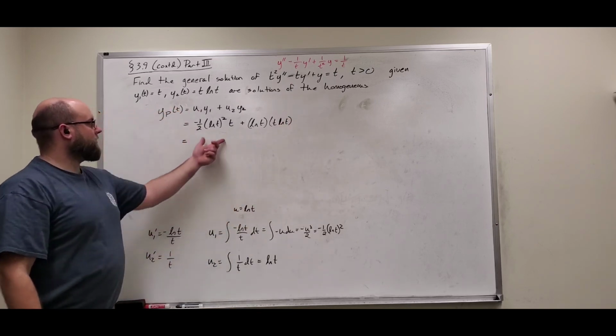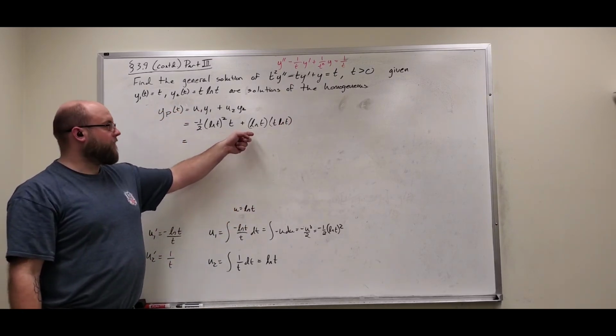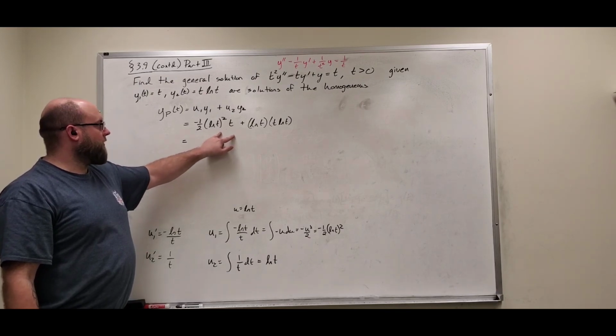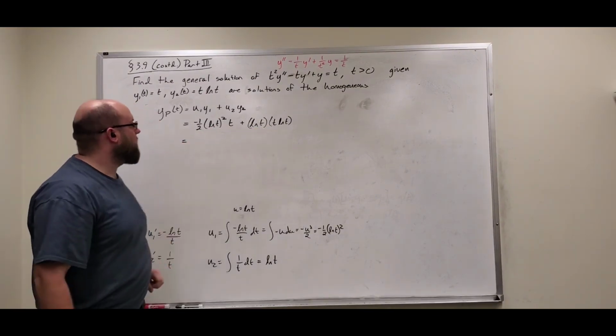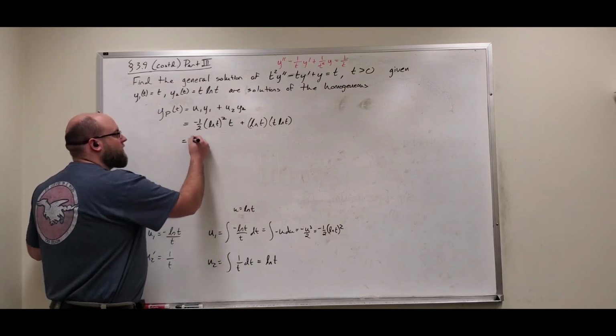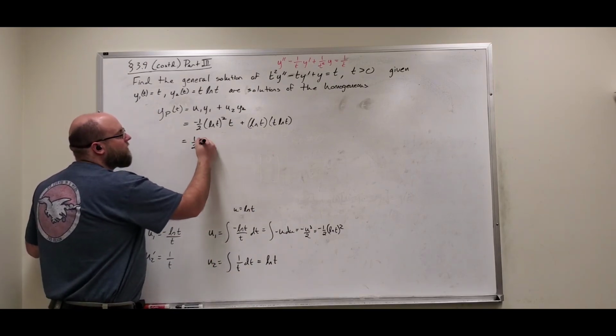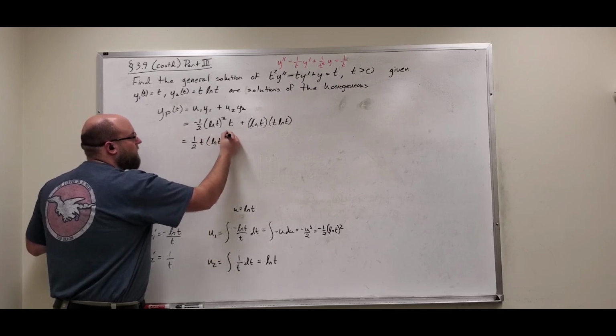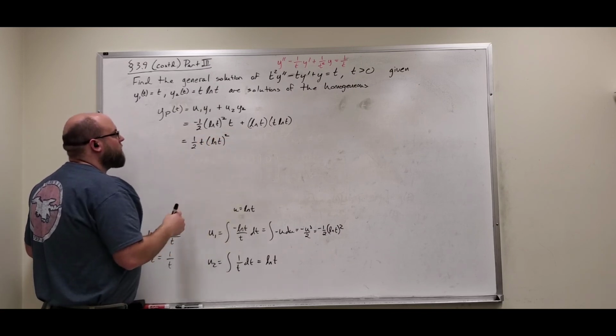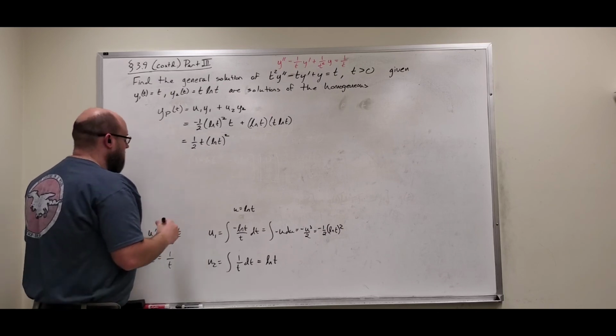And notice here that this is negative 1/2 and this is 1 in front, but this is natural log of t squared times t. So in the end, when I simplify this, I'm going to get 1/2 t times the natural log of t, the quantity squared. So there's my particular equation.